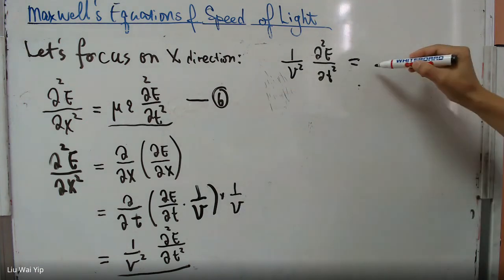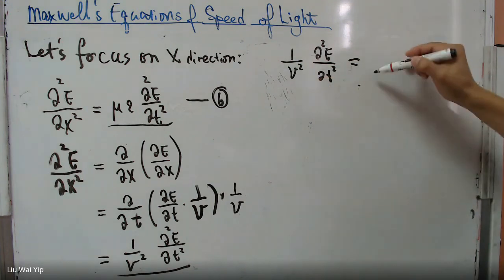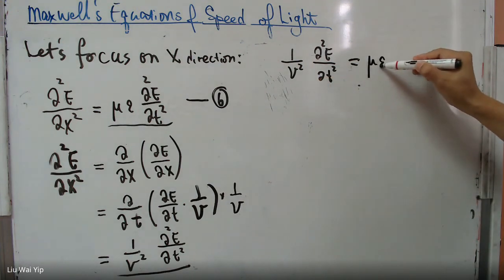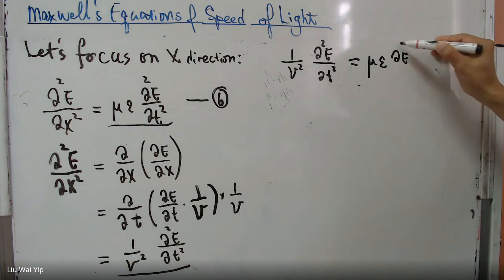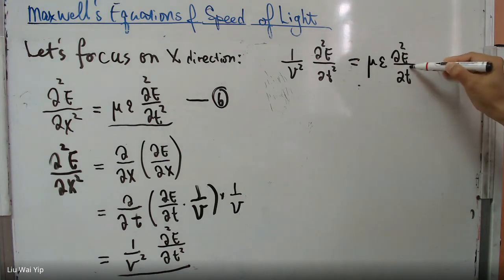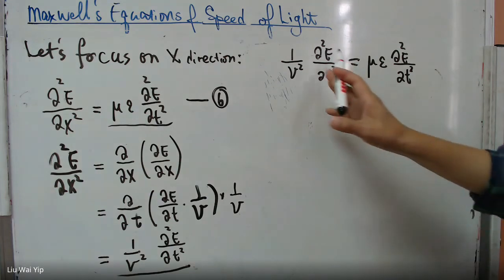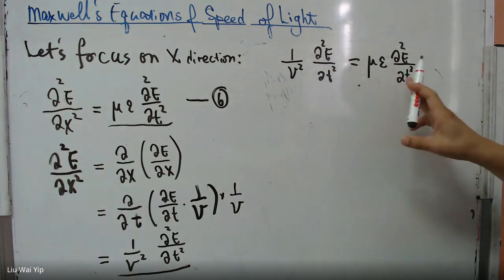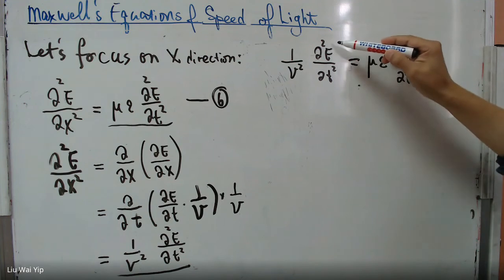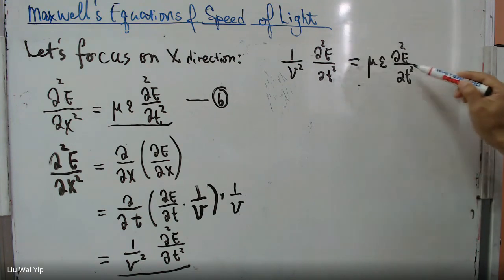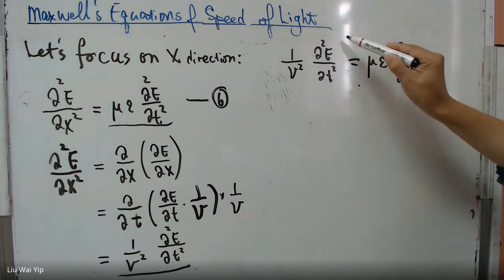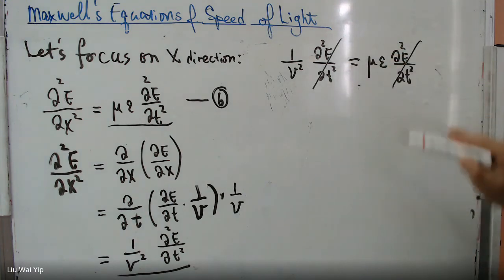And the right side of the equation, both sides of the equation have the second time derivative of E. So they can be cancelled off with each other.